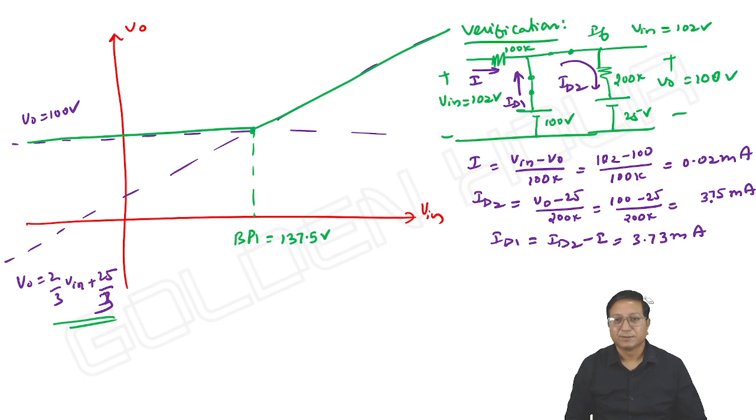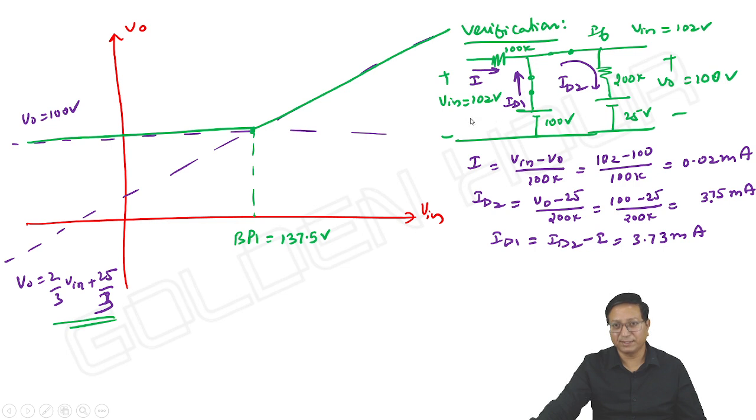Sometimes it doubts like this. Okay, so is it not so? Absolutely. The circuit we have got, we are cross verifying. Is it true or not? 100% it is true. Okay, how long will this be true? It continues till V input is less than 137.5.